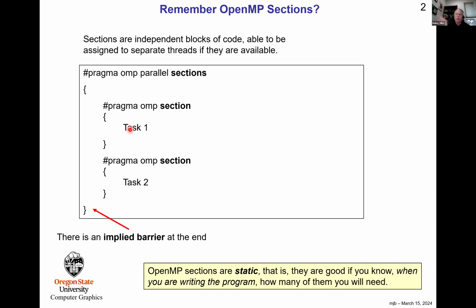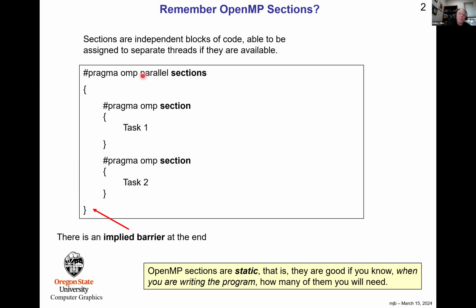This can be multiple lines of code, could be a function call. Now here, and at the same time, peel off another thread and have it executing whatever is between these curly braces. Okay, and this works great. It's a nice way, if you have different things going on in your code, to give them to different threads.